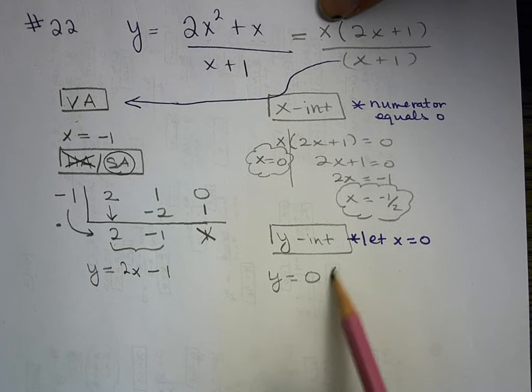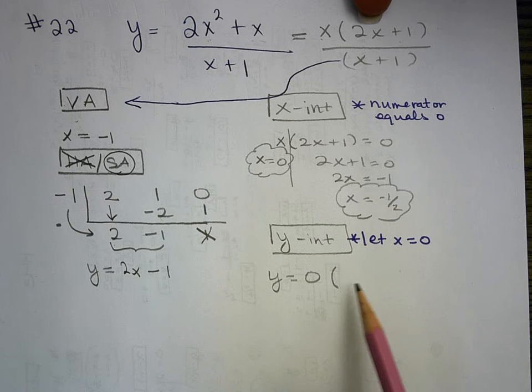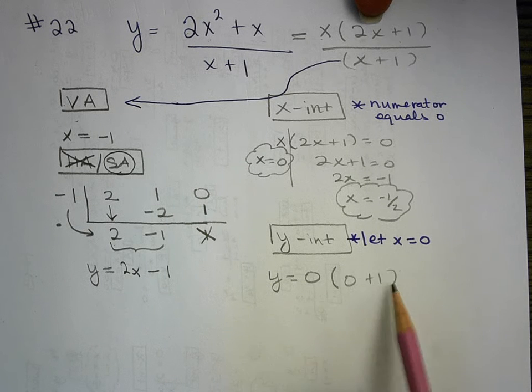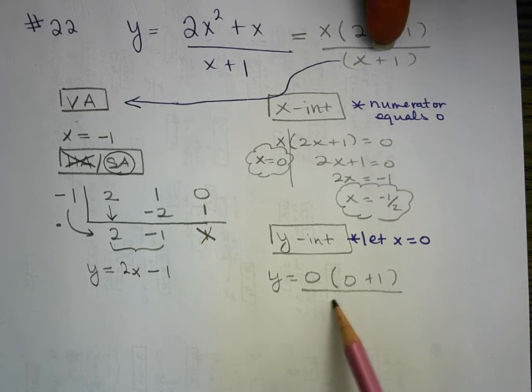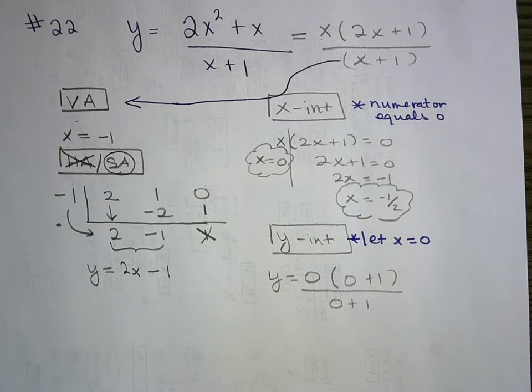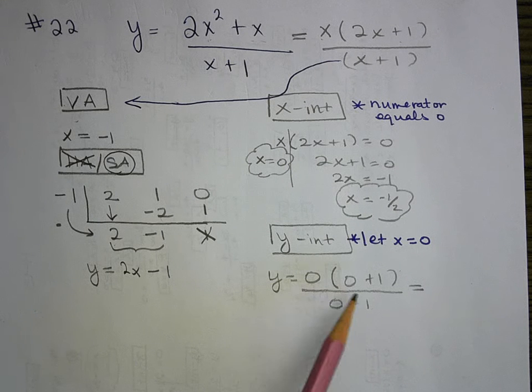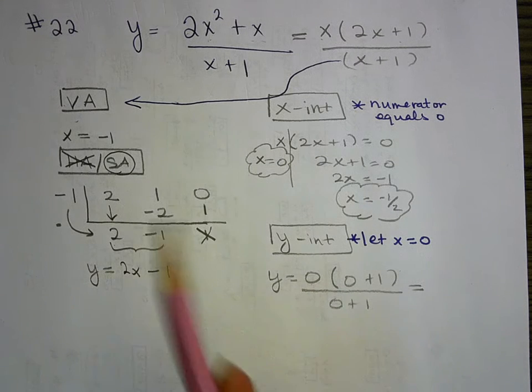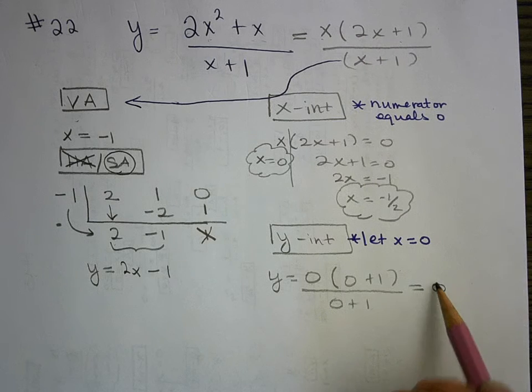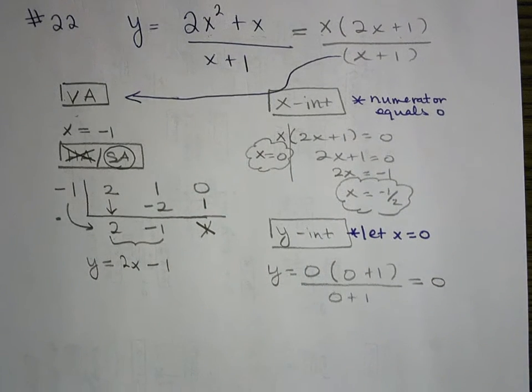So that would be 0, and then 2 times 0 is 0 plus 1, and in the denominator, 0 plus 1. So I would have 0 times 1, which is 0, divided by 1, which is 0. So y equals 0. There's my y-intercept.